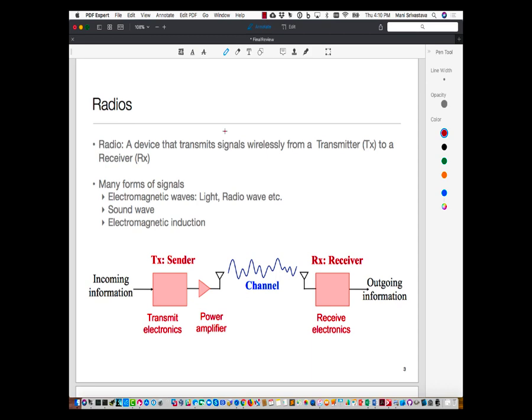Then it goes to the channel, and usually the channel decays the signal in some manner. So in vacuum, it's 1 over d square, and I made references to how for other scenarios like urban settings or close to the ground, there are other models, but they all roughly take some 1 over d to the power n as a first order model.